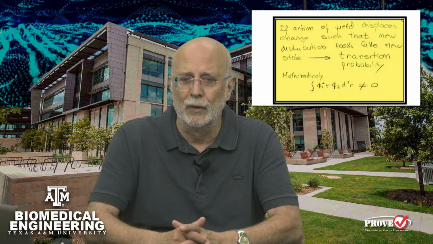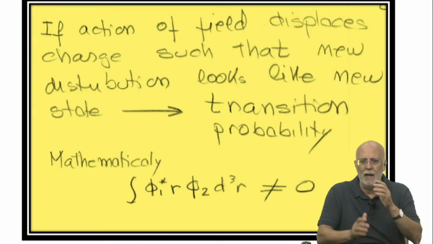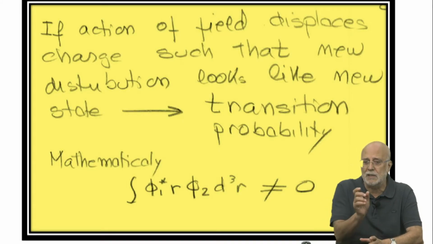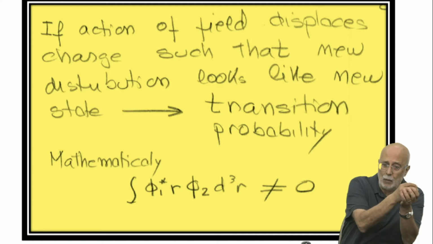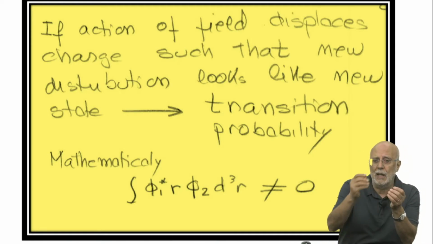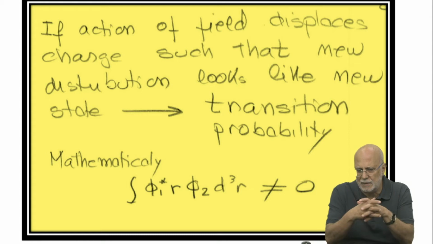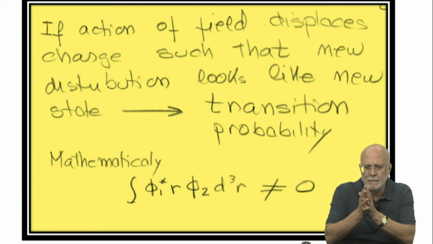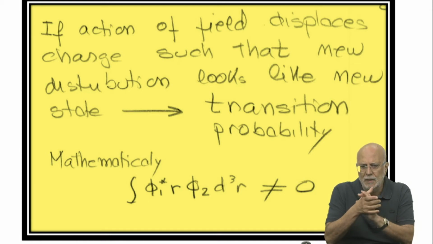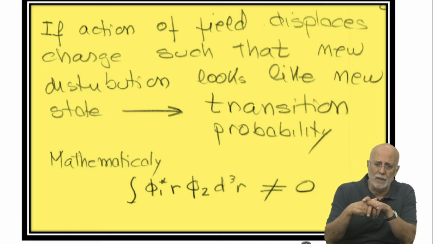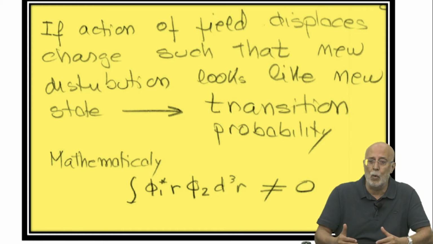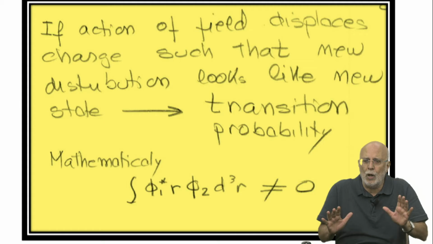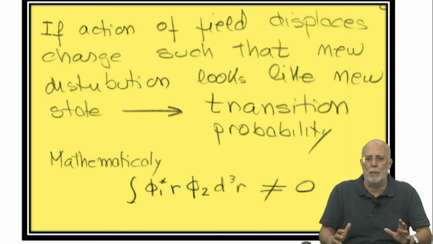And you see, if you look at this integral, one of those days I have to do a physical interpretation, but this is like the potential or the displacement acting on one state will make it look like the other state. Basically, that's what we have here, right? This is the conventional interpretation of this. And we normally say that quantum concepts work a lot with mathematical operators. In fact, they are not mathematical operators, they are physical operators.